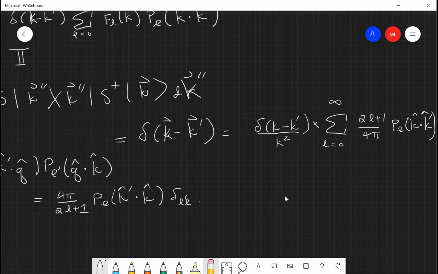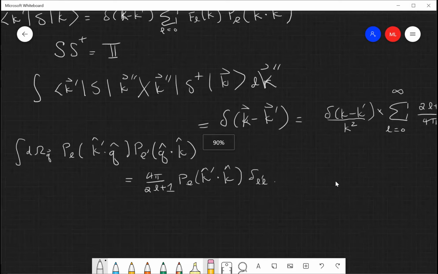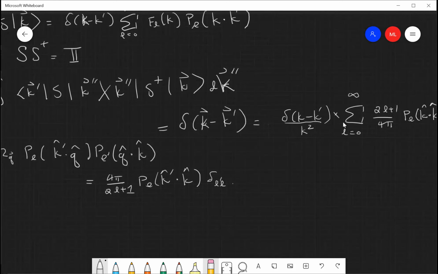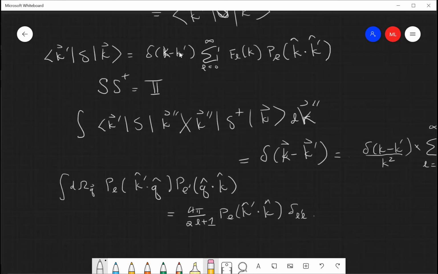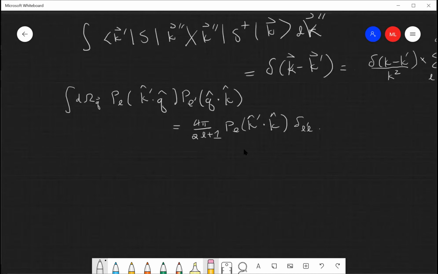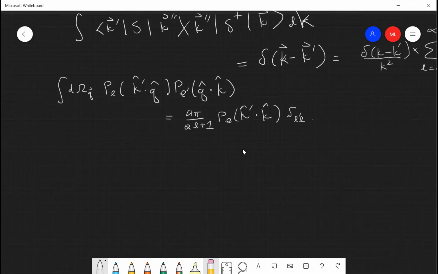And then we can compare. We can look at both sides here. We can look at the expansion of this delta function. We can look at what happens when you stick in these terms in here and perform this integral using this. And in the end, you'll get an equation where you can compare both sides.